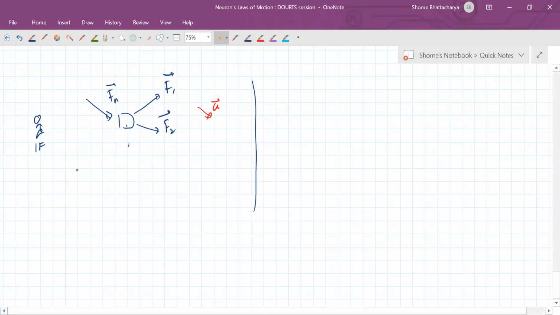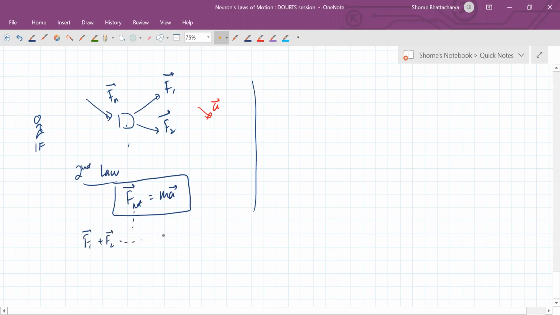And in Newton's second law, we say that the net force acting on it is equal to mass into acceleration, because mass is constant. So that net force is basically the vector sum of all external forces acting on the body.